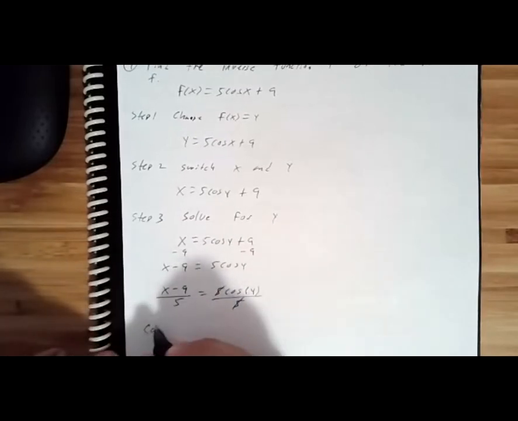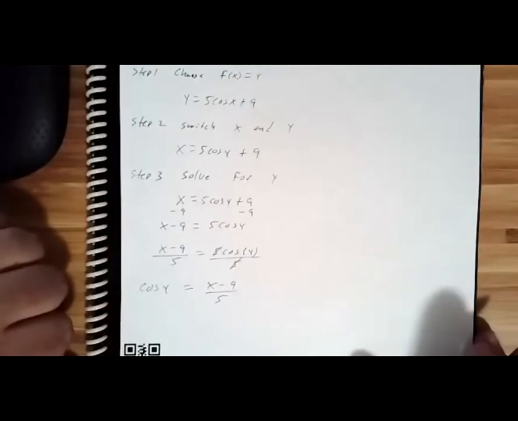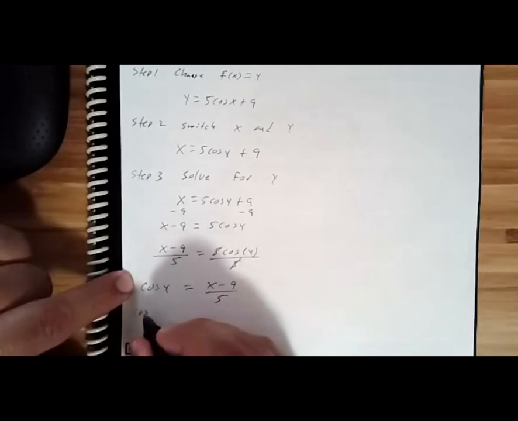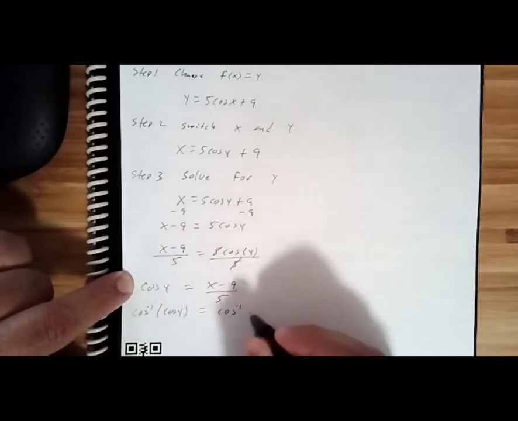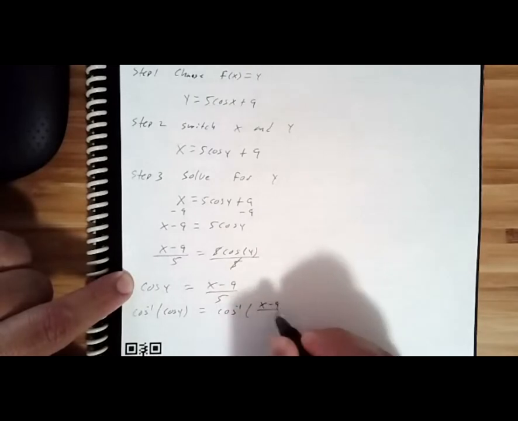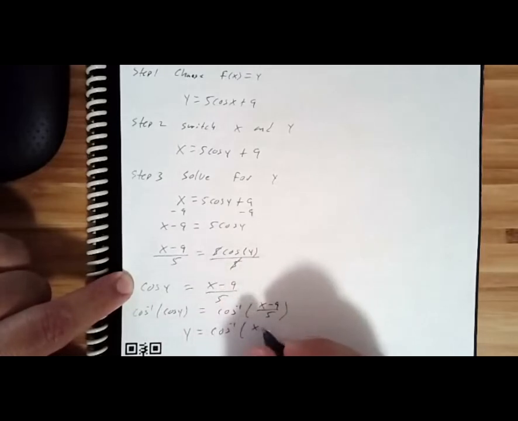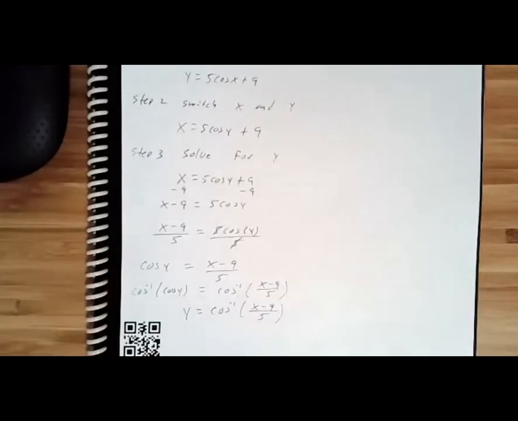So now I've isolated cosine, and it's equal to this, right? So then introduce cosine inverse on both sides. So y will be equal to cosine inverse of x minus 9 over 5. Any questions on any of these steps?